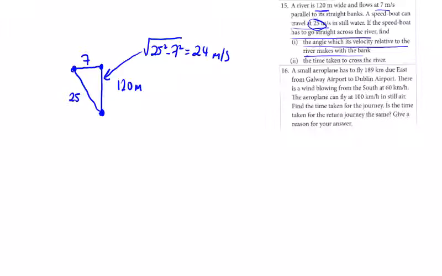So we're looking at the angle that it makes with the bank. So actually looking for this angle in here, A. Alternate angles up here, this is also A. Or you could drop a line down here and put my 24 on there. So we'll use this triangle here.